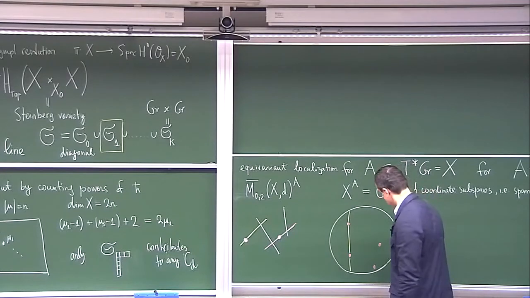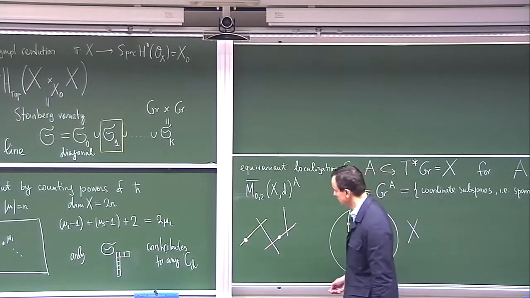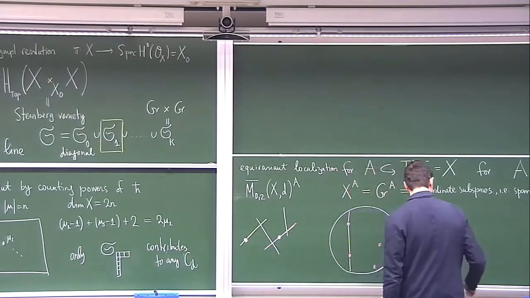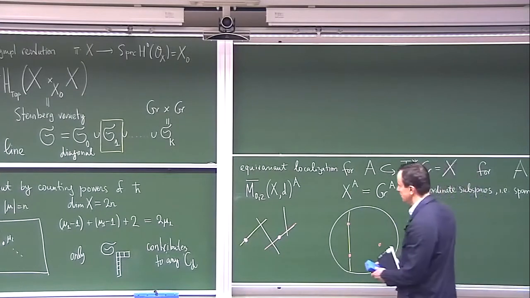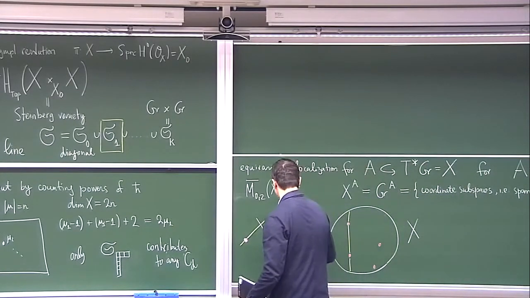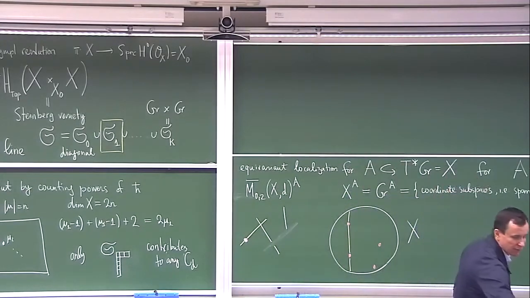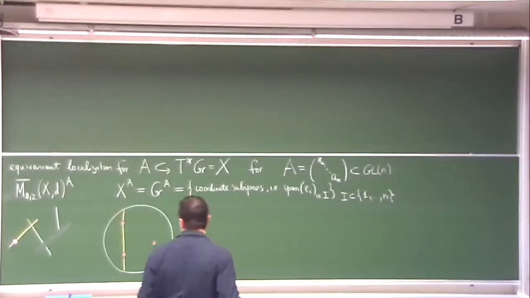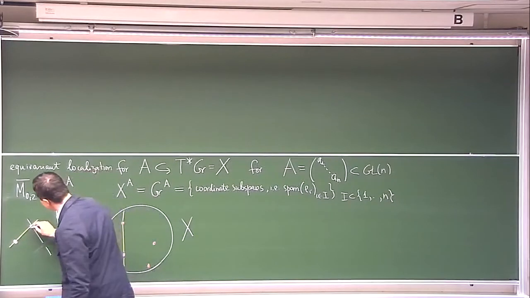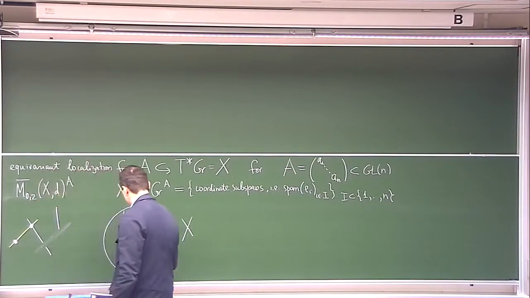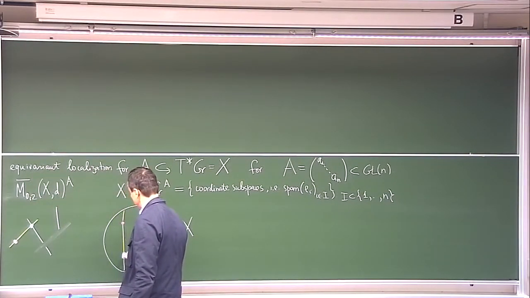And then maybe I'll use different colors so that it's clearer. So like this one goes, maybe I'll take this point to be blue. So this blue, since this is a special point, has to be fixed.